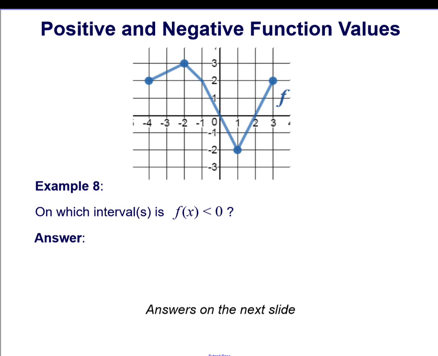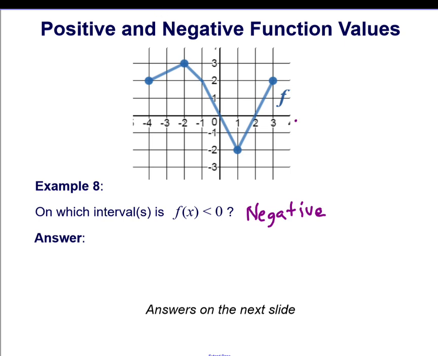Example number 8. On which interval or intervals is f of x less than 0? Let's talk about the notation f of x is less than 0. Numerically, this is a way to say that the number values are negative. Now, graphically, that's referring to the region below the x-axis.